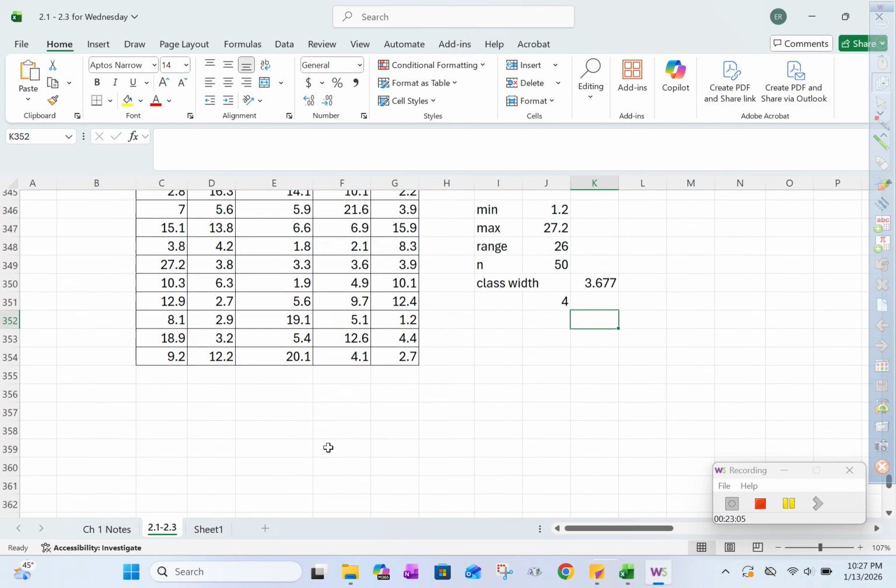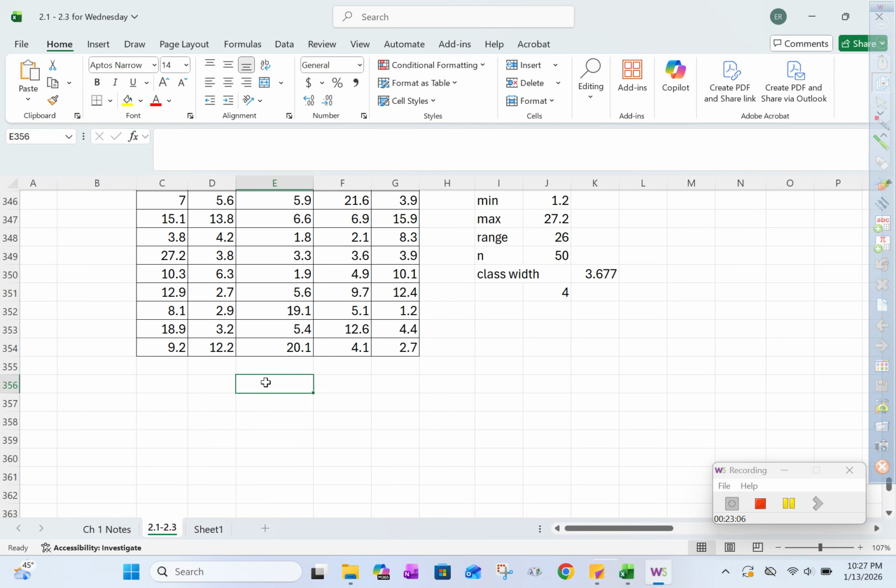Okay, so wherever you have some room here, our intervals are talking about our percent of foreign-born residents. Okay, and then our second one is frequency. It's okay that these overlap.